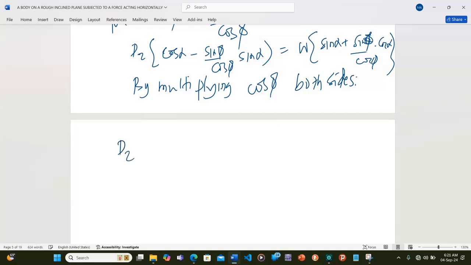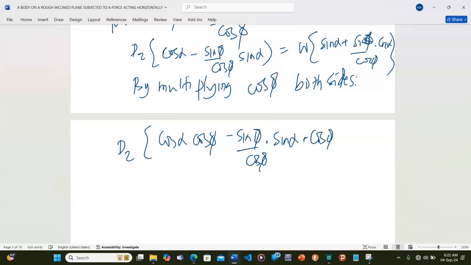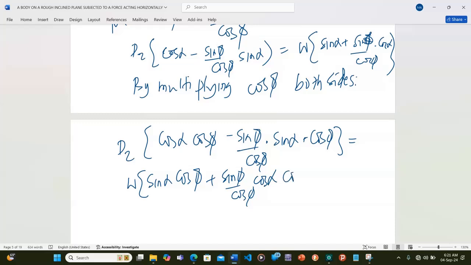So P2 into cos alpha cos phi minus sine phi sine alpha equals W into sine alpha cos phi plus sine phi cos alpha.